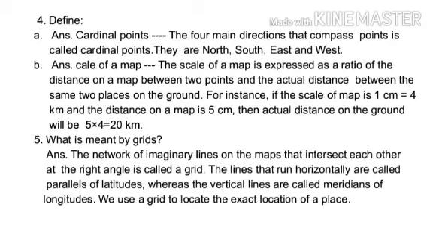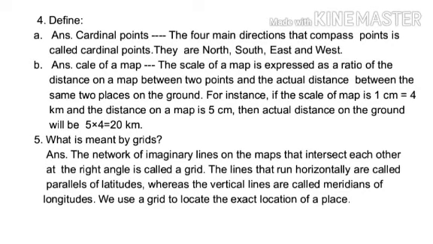Question 4. Define A. Cardinal points. Answer. The four main directions that a compass points to are called cardinal points. They are north, south, east and west. B. Scale of a map. Answer.